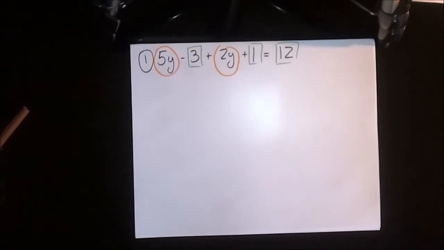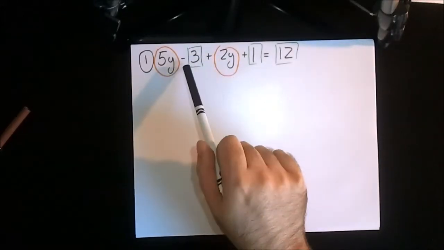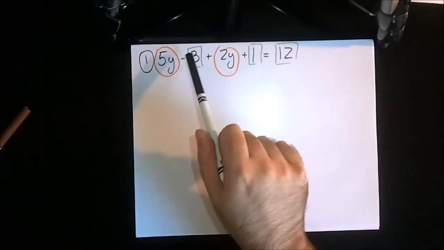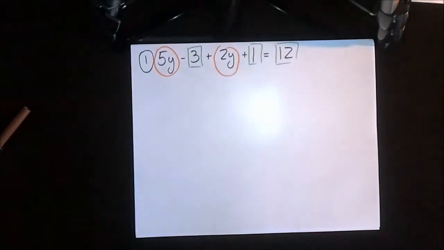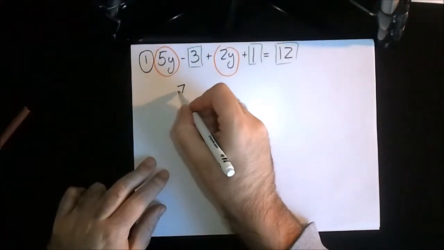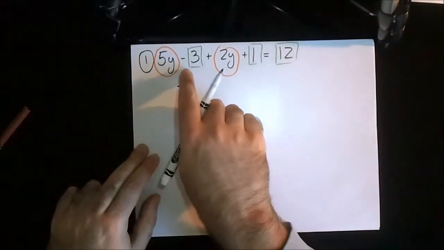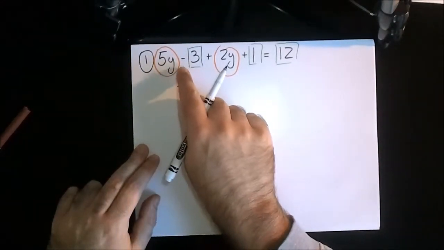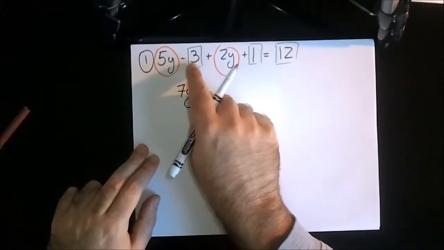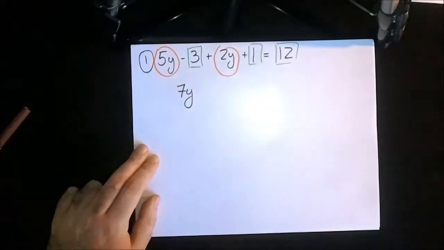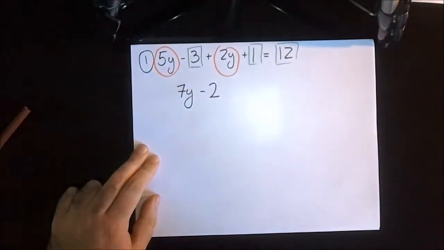Alright, so that being said, 5y plus 2y, we ignore this minus because that minus goes with the constant, it's in front of the constant. So 5y plus 2y gives us 7y. And then with the constants, technically this is minus 3, but because this minus sign is in front of the 3, we're going to think of this as a negative 3 plus 1, so that's a negative 2, minus 2 here.